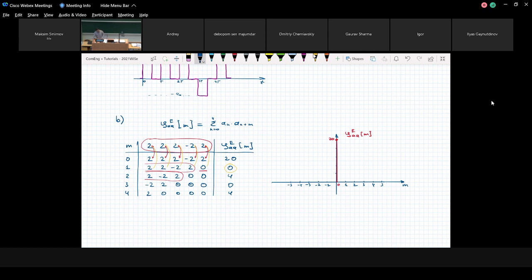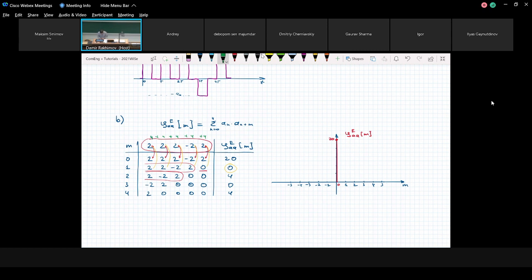How do we get these numbers on the right side? You calculate the element-wise product between the two sequences. 2 times 2 is 4, plus 4 plus 4.